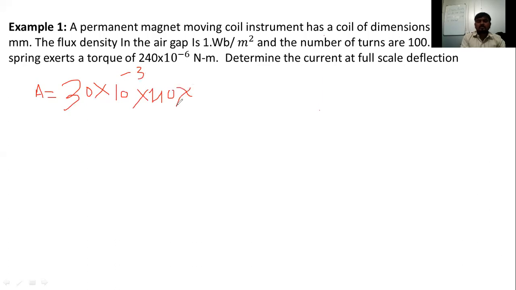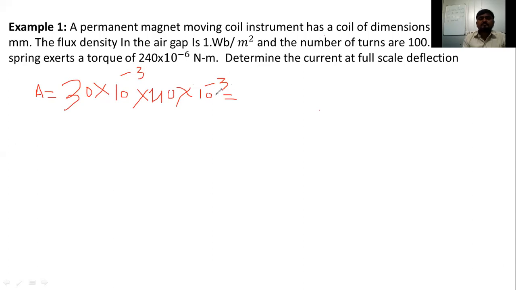You have to write like this. Area should be in meter square. Millimeter square means millimeter into 10 to the power of -3, squared, which is 10 to the power of -6. This one is the area we have written.